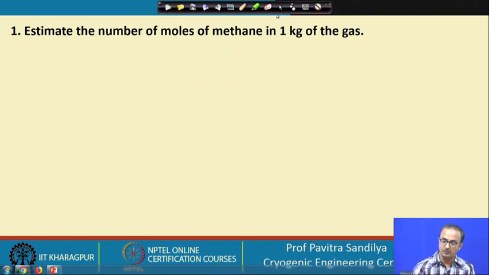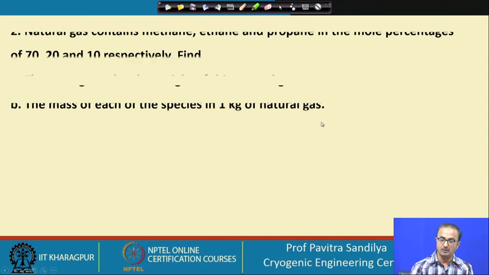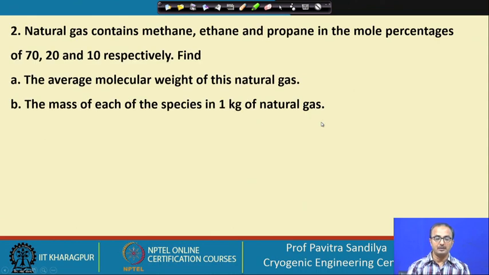Next, we go to another problem. In this problem, we have been given the typical composition of natural gas consisting of methane, ethane and propane, and the composition has been given in terms of mole percentage, that is 70% of methane, 20% of ethane and 10% of propane.